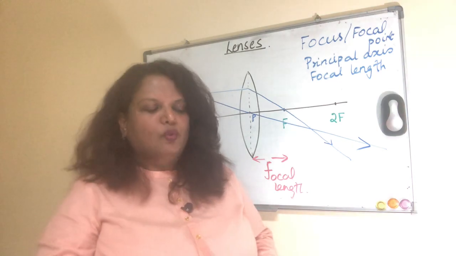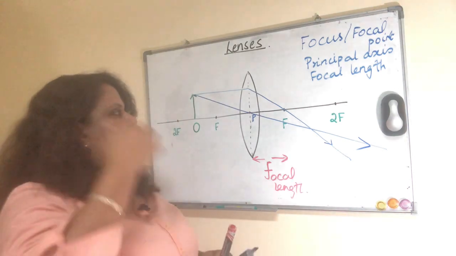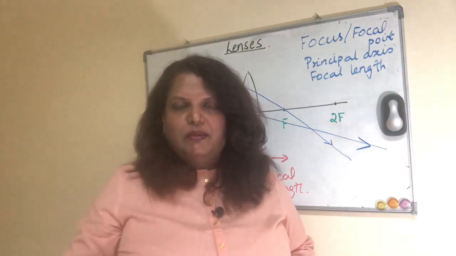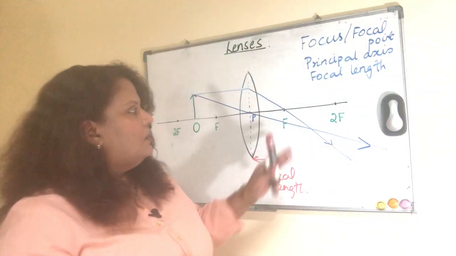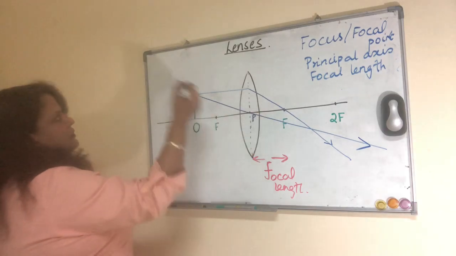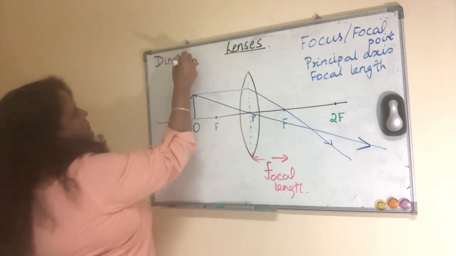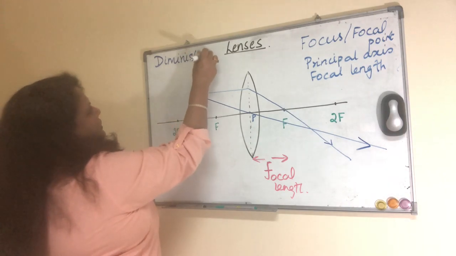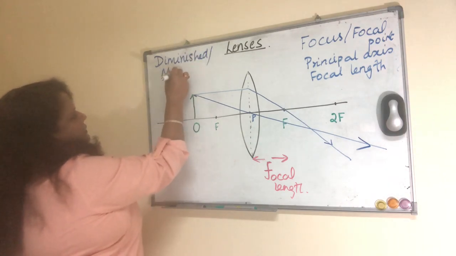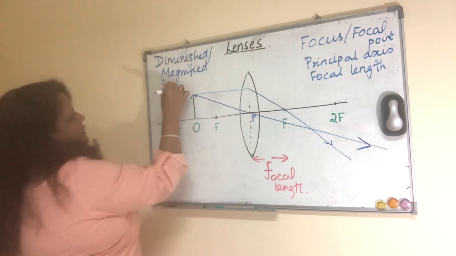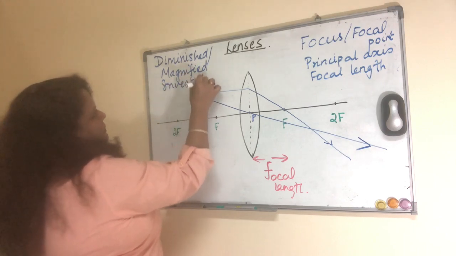Now construction is over, but if they ask you to describe the position of, or describe the characteristics of the image, then what do we do? Now for that, what you have to remember about the key terms is diminished or magnified, inverted or erect.